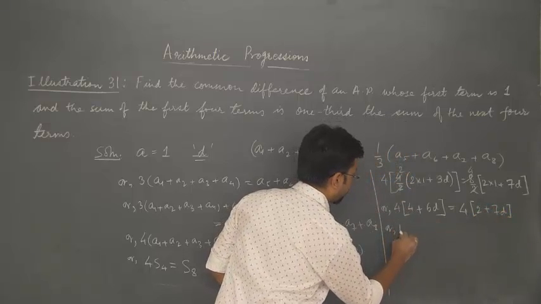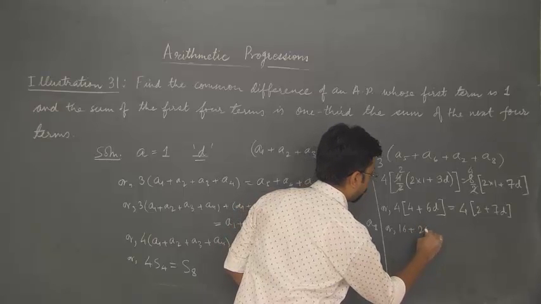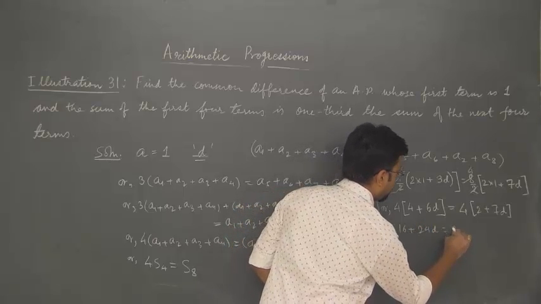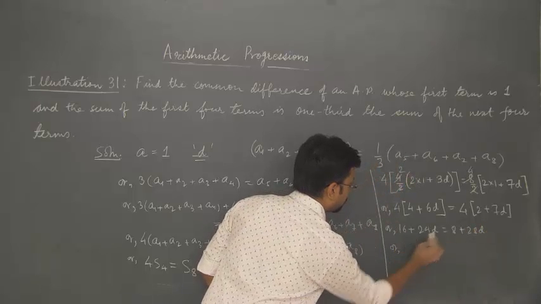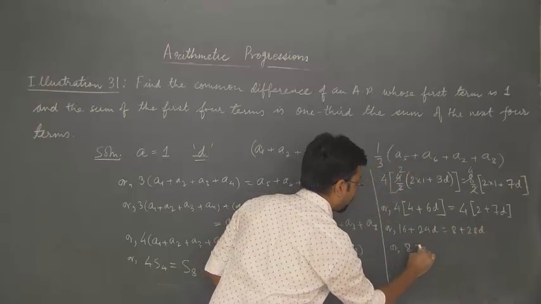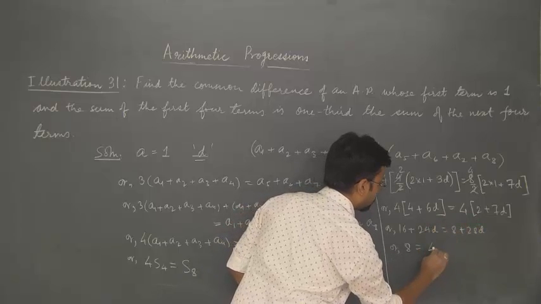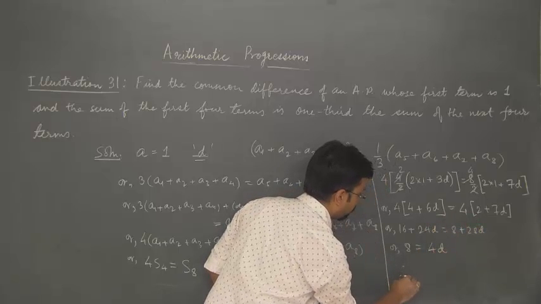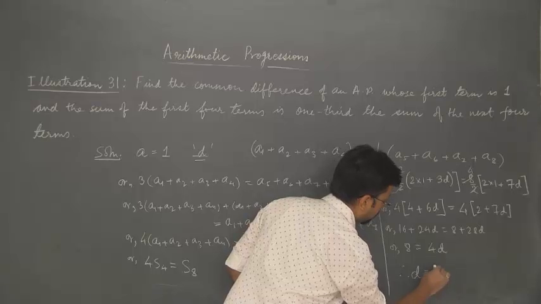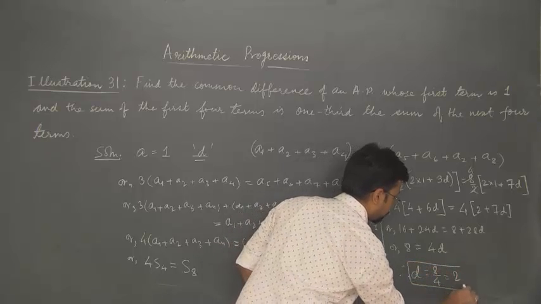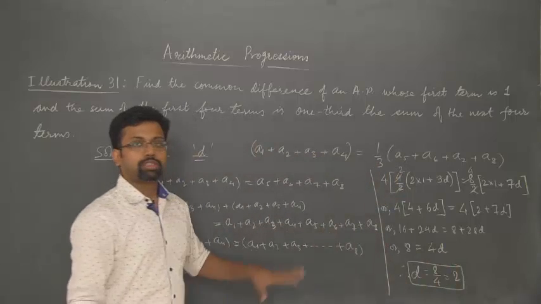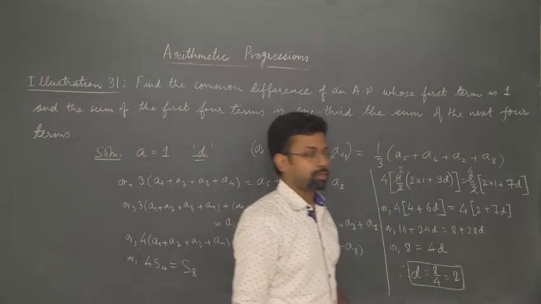You open up the brackets, you get 16 plus 24D is equal to 8 plus 28D, which means you bring the 8 this side, you take the 24 to the other side, you have 4D. Therefore, D comes out to be 8 by 4, that is equal to 2. So this is how you obtain the value of the common difference for the given AP.